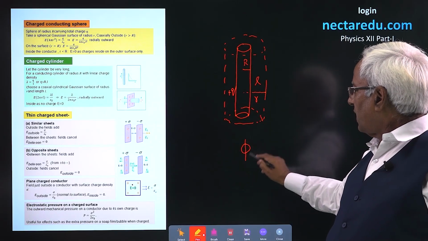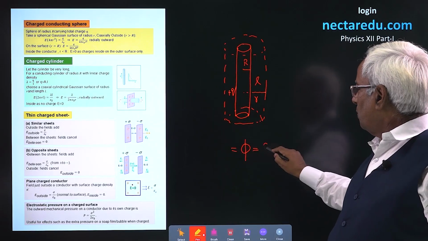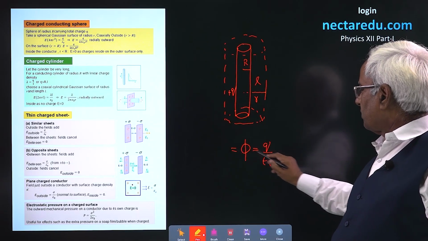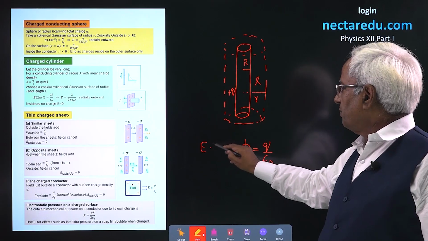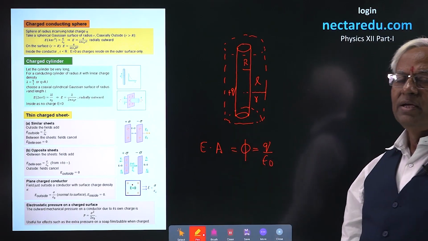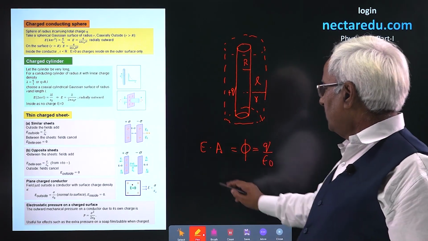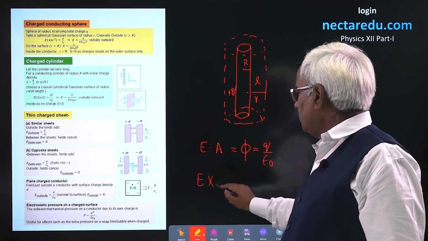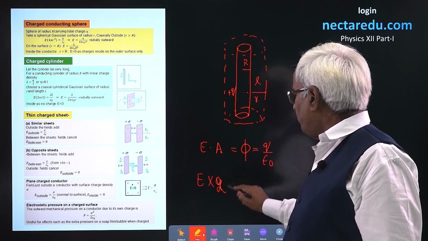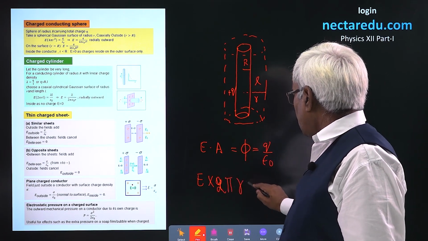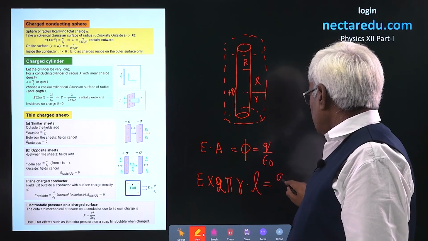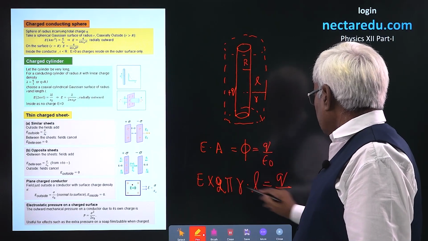Here again phi is Q upon epsilon naught as per Gaussian theorem, and it should be E into A. Here A represents surface area, so that way it could be E into 2 pi r L, that is Q upon epsilon naught.